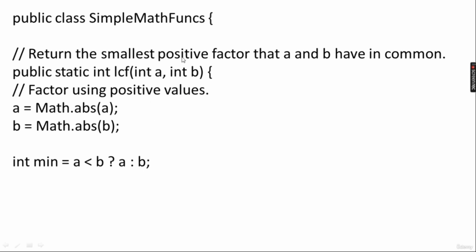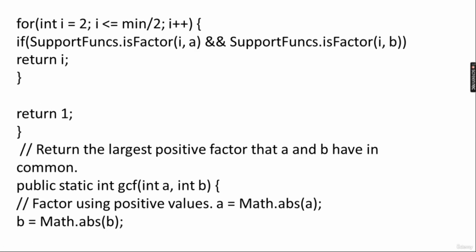Return the smallest positive factor common to A and B. Then public static integer least common factor A B, factor using positive values: A is equal to Math.abs A, B is equal to Math.abs B. Then minimum is equal to A less than B. So minimum will be found as A here, and we go from 2 to minimum divided by 2, because every number is divisible by 1 itself.